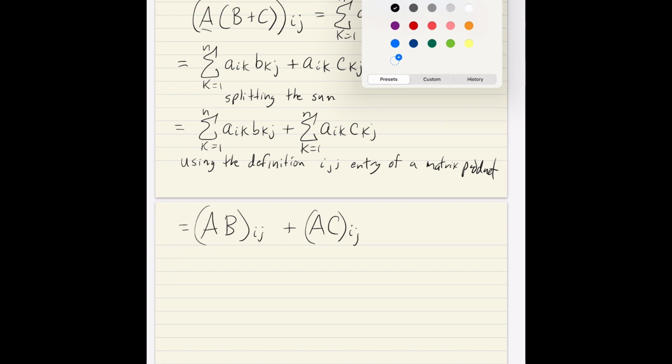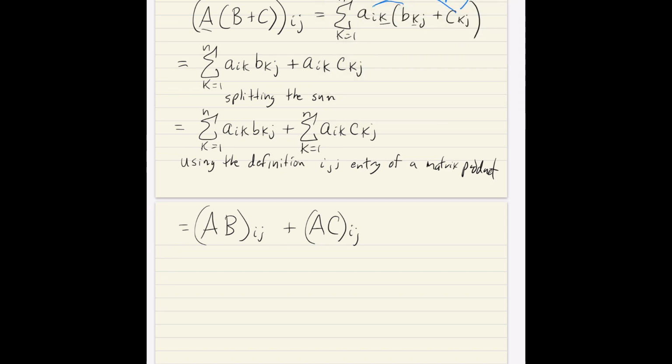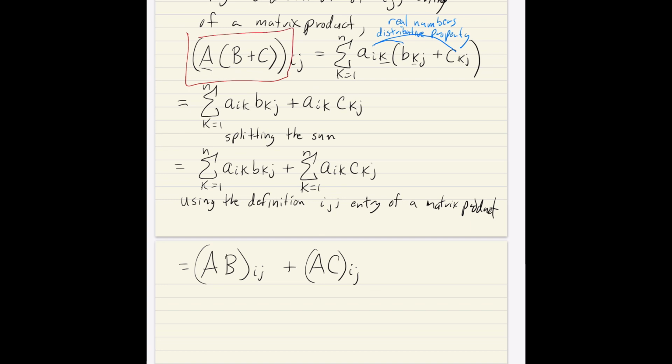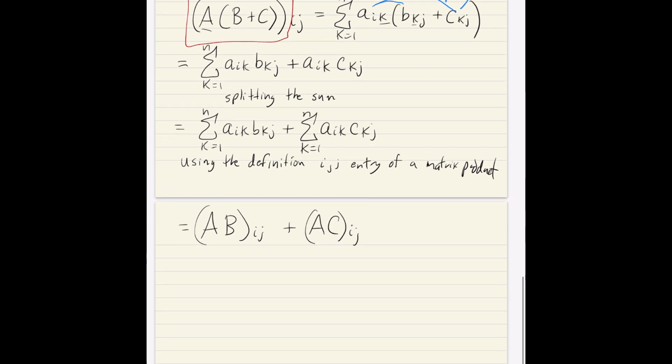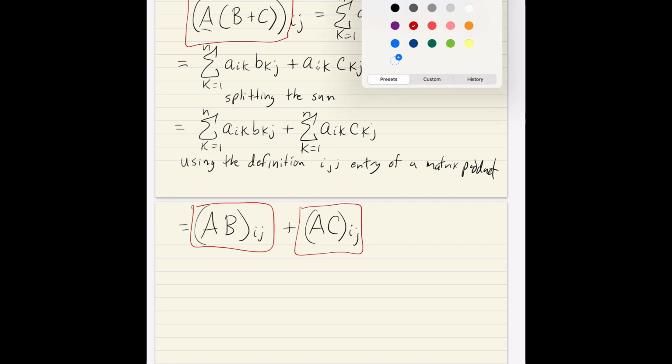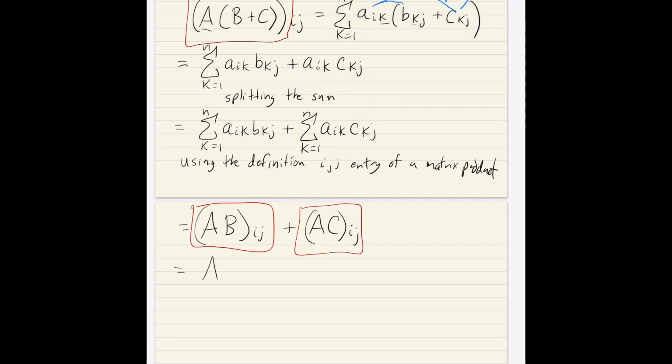So we've just shown that the original one up here, A times the product (B plus C), is really the same thing. All the elements of that matrix are really the same thing as adding AB plus AC, and that's really equal to AB plus AC. Thus, A times the quantity (B plus C) is equal to AB plus AC.